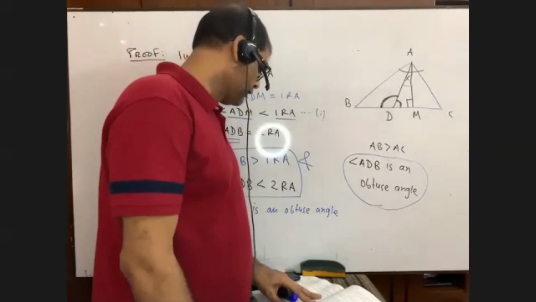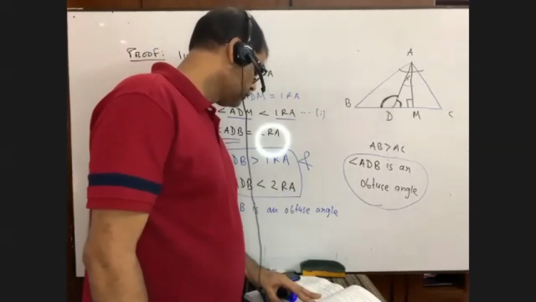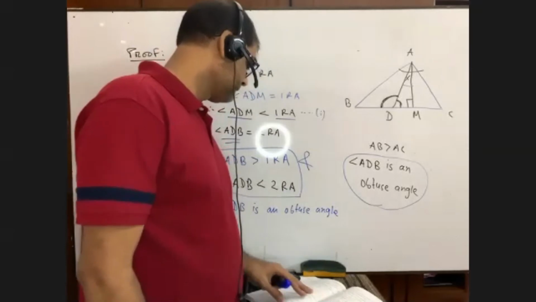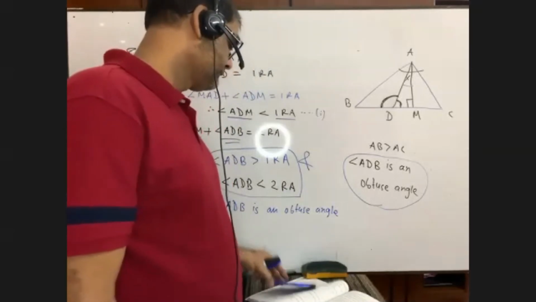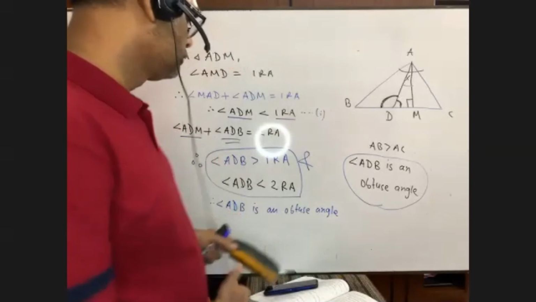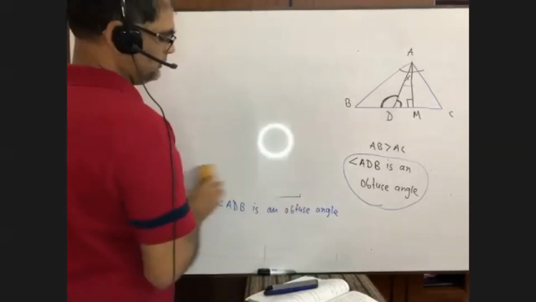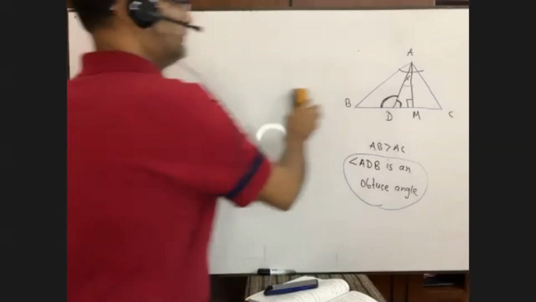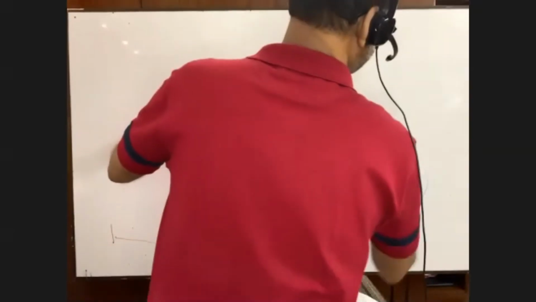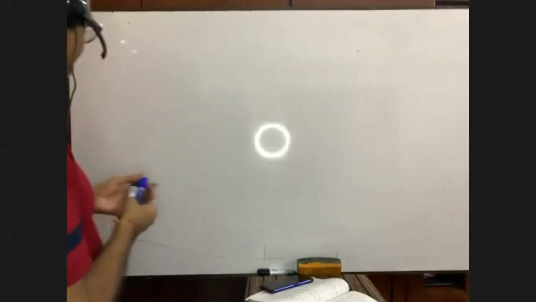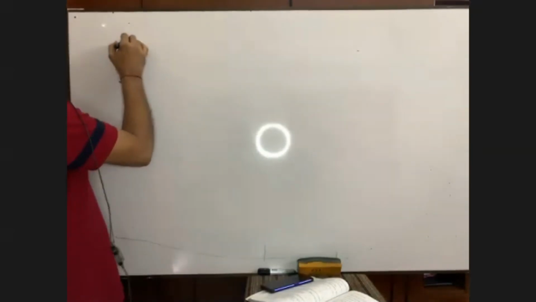Anyway, I am going to do question number 10. Go to question number 10. Can you draw a triangle having 3 medians?